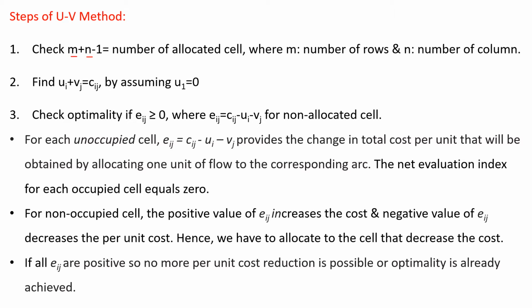So a positive value increases our total cost, and a negative value of Eij decreases the per unit cost. Hence, we have to allocate to the cells that decrease the cost, that is, the cells that have a negative value of Eij.